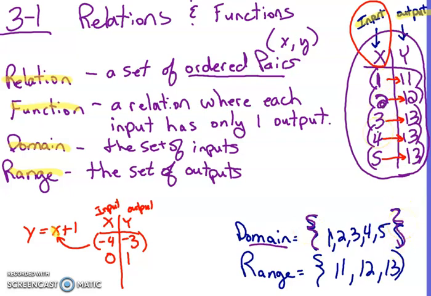The same thing with the range, which is your output. Your output is 11, 12, and 13. Notice the 13 appears several times in the XY chart, but I only want distinct numbers, and there should be a brace right there as well. So 11, 12, and 13 are the range of that function.